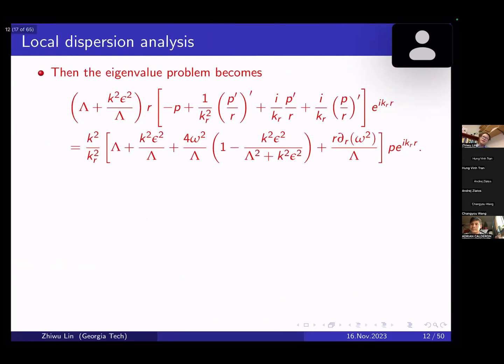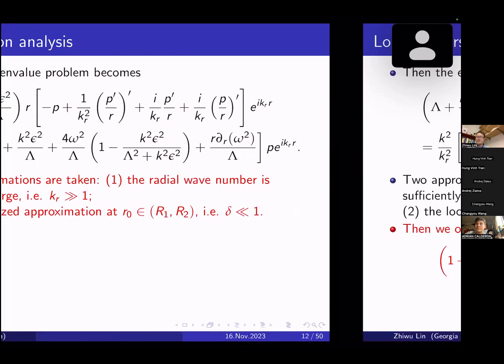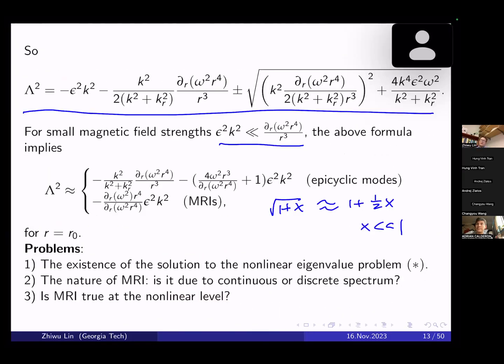But here, if you take the local dispersion analysis, you can only say you find an approximate eigenfunction, and the eigenvalue we don't know whether or not it's a continuous spectrum or discrete spectrum. Okay, and the other question is, can we go from the linear analysis to the nonlinear dynamics? Because for any linearized problem to be useful, it has to predict the behaviors at a nonlinear level. So those are a few questions we need to address.